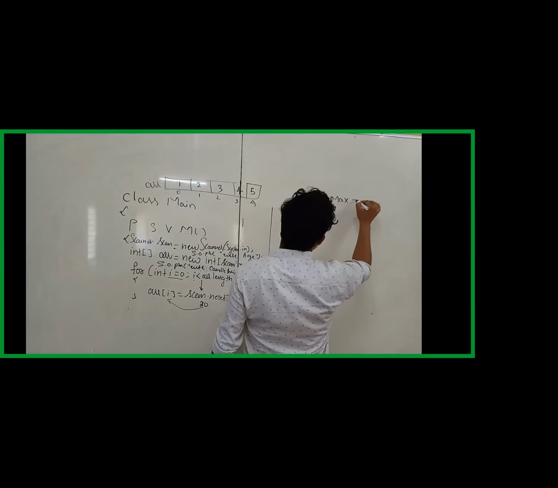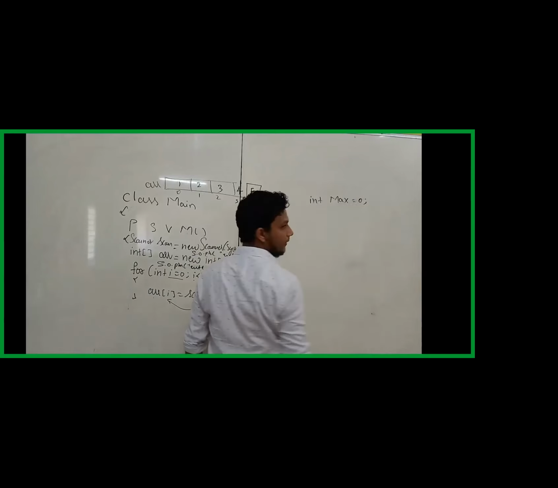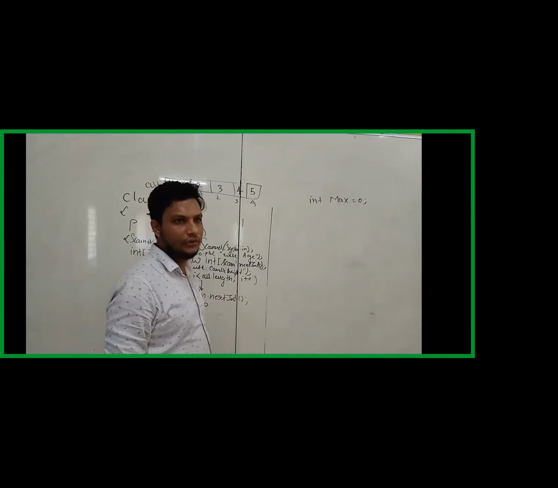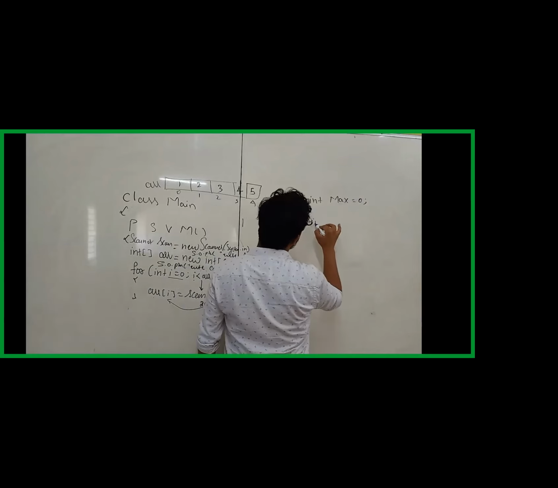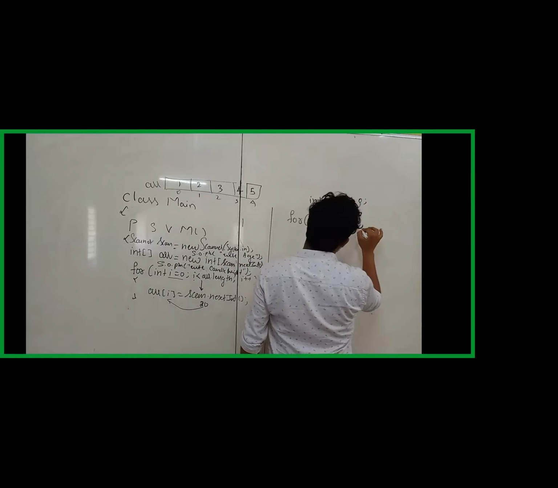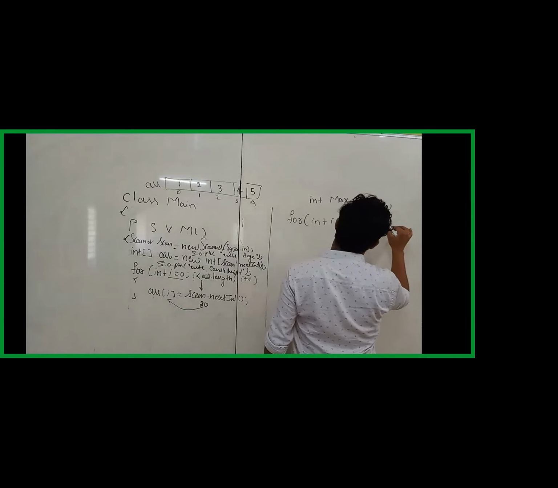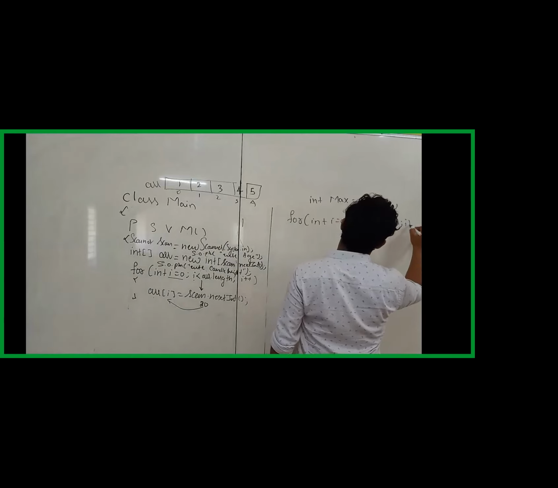I'll tell initially max is equal to 0. Then I'll write for int i equals 0, i less than arr dot length, i plus plus.